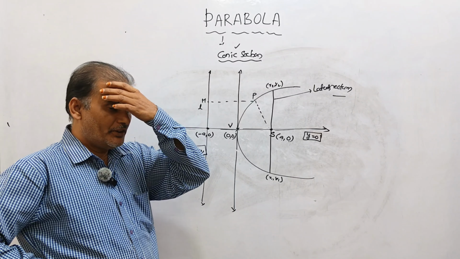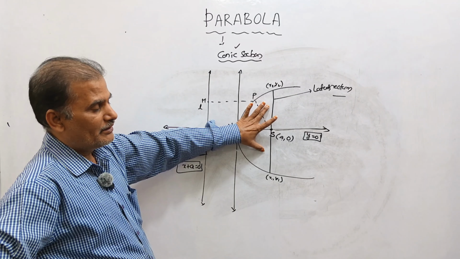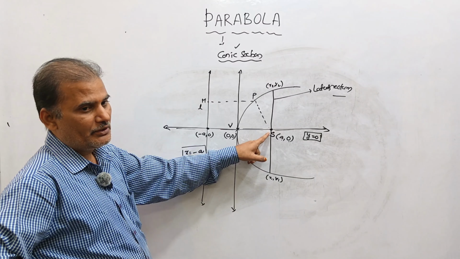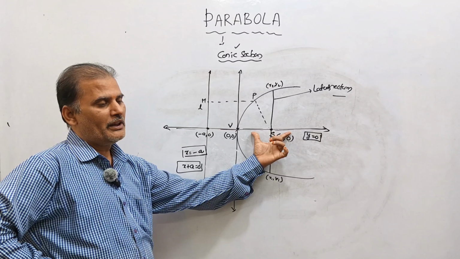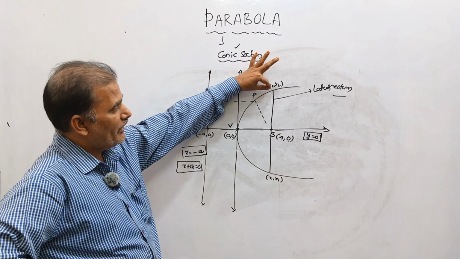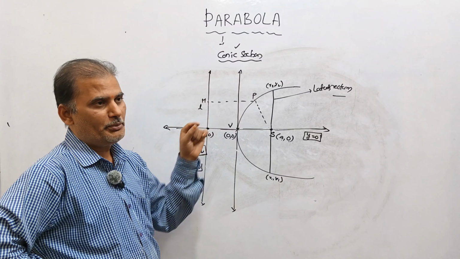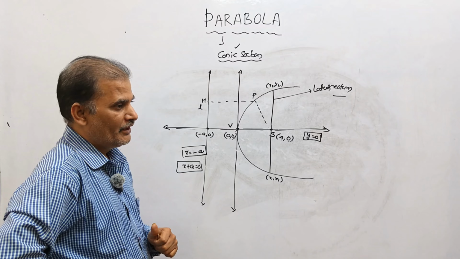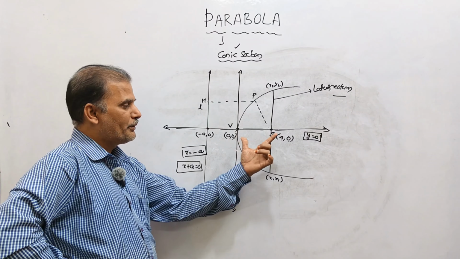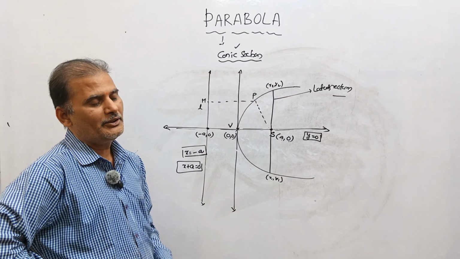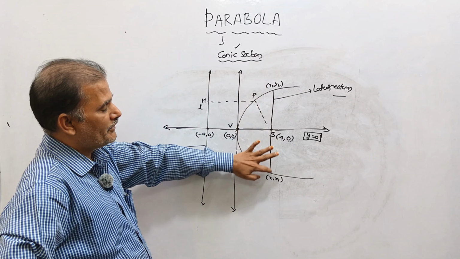You keenly observe the definition of latus rectum. This is the line segment that passes through the focus and is perpendicular to the axis of the parabola, and it touches the endpoints of the parabola. It is called a latus rectum. A line segment passing through the focus which is perpendicular to the axis of the parabola, touching the endpoints of the parabola, is called a latus rectum.